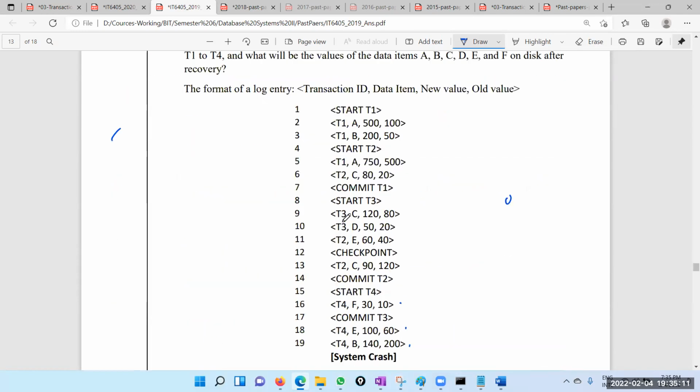So that is something you have to remember, because the question says like that: no steal, no force. So that means we have to do redo, but no undo. Undo has to be done if there is steal.